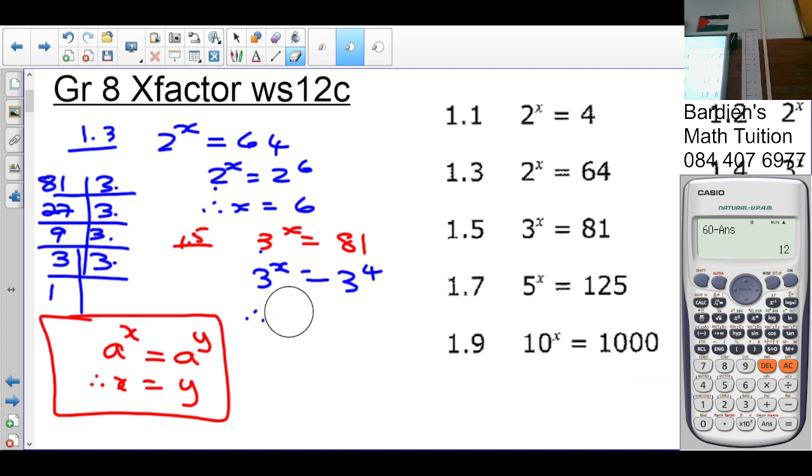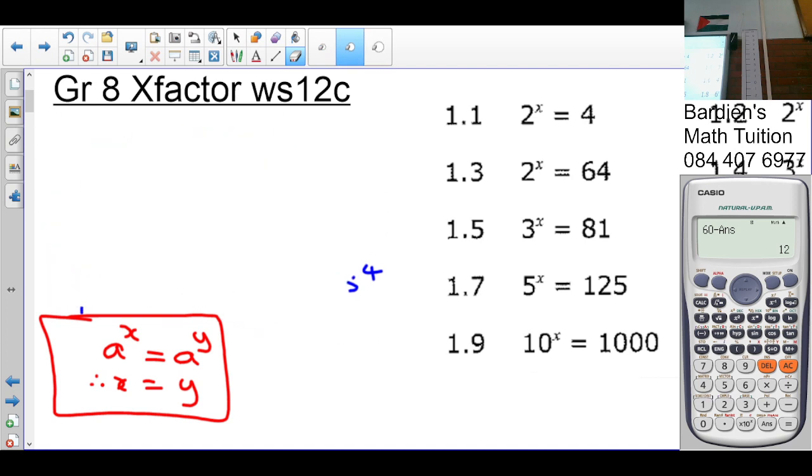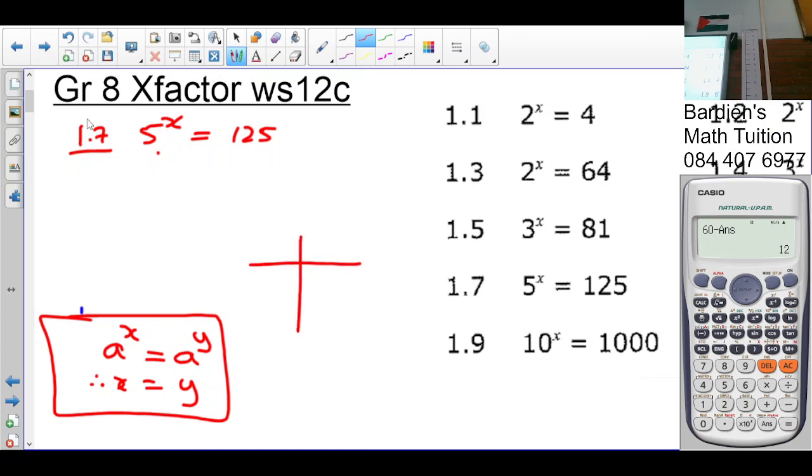Okay, so let's look at 1.7. You've got 5 to the x equals 125. We're going to try and make the bases the same. Is 5 a prime number? Yes, so I can use the ladder method.